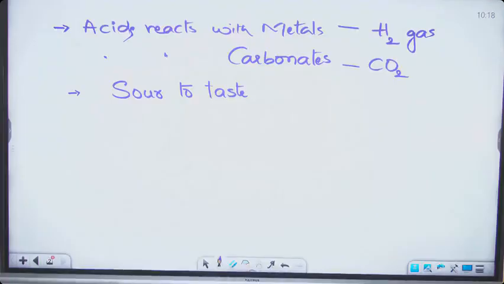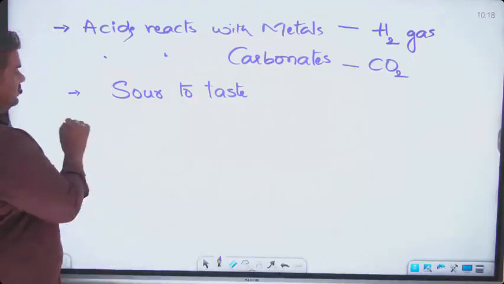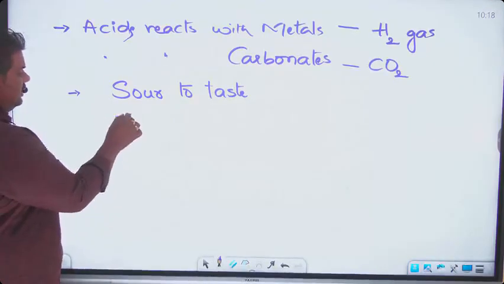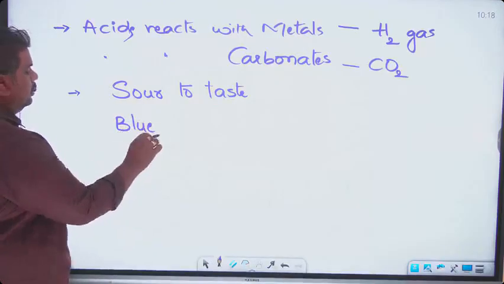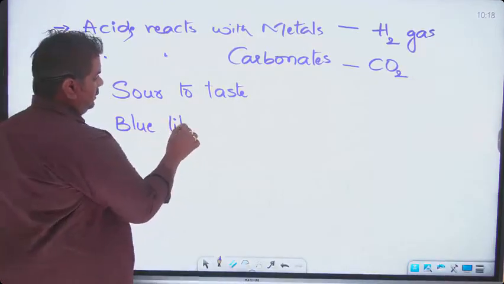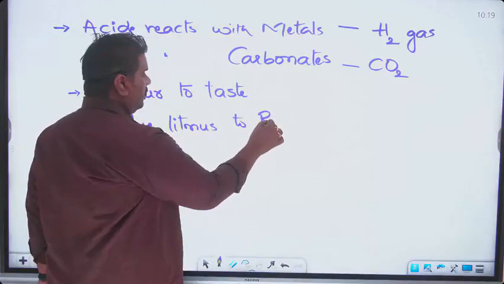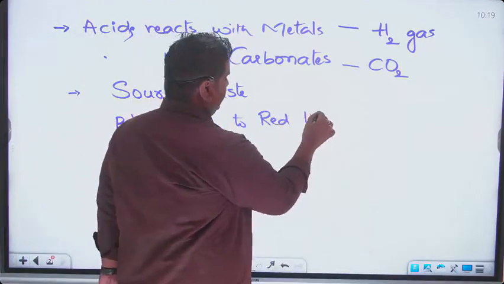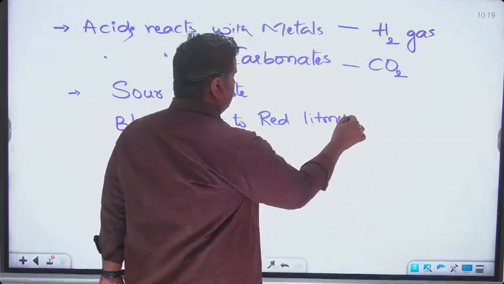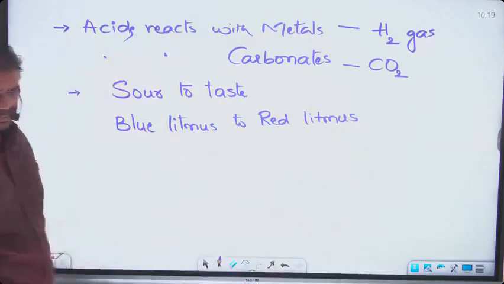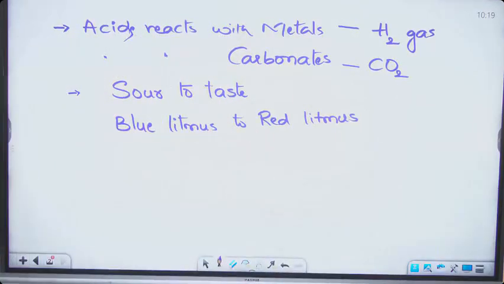At the same time, these acids change the color of blue litmus to red litmus. Acids change blue litmus paper to red litmus paper.